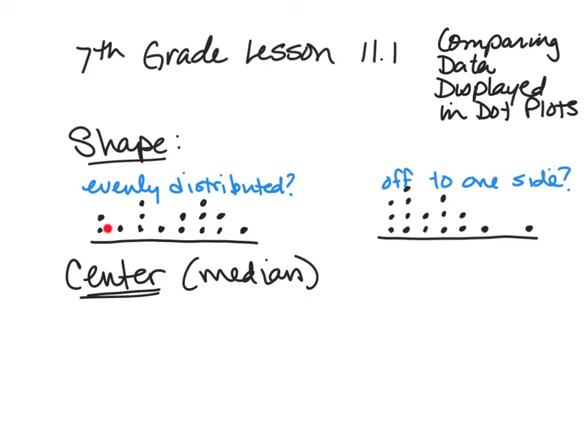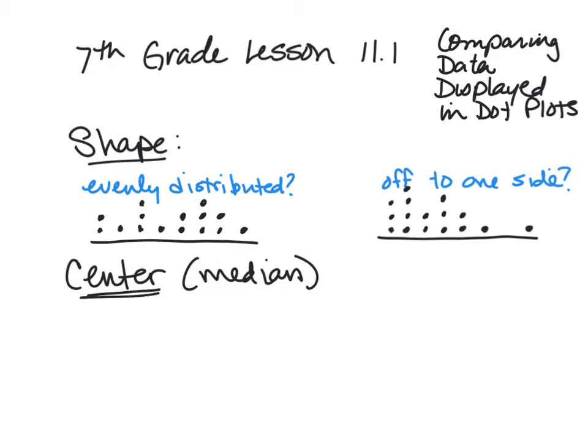So you would cross off one from each end all the way across till you got to the middle number, and let's say that was 5 here. 1, 2, 3, 4, 5. So 5 is the center, the middle number. So it's the median. There's a vocabulary word you recognize. So what's the center of your data? That would be another way to describe it.